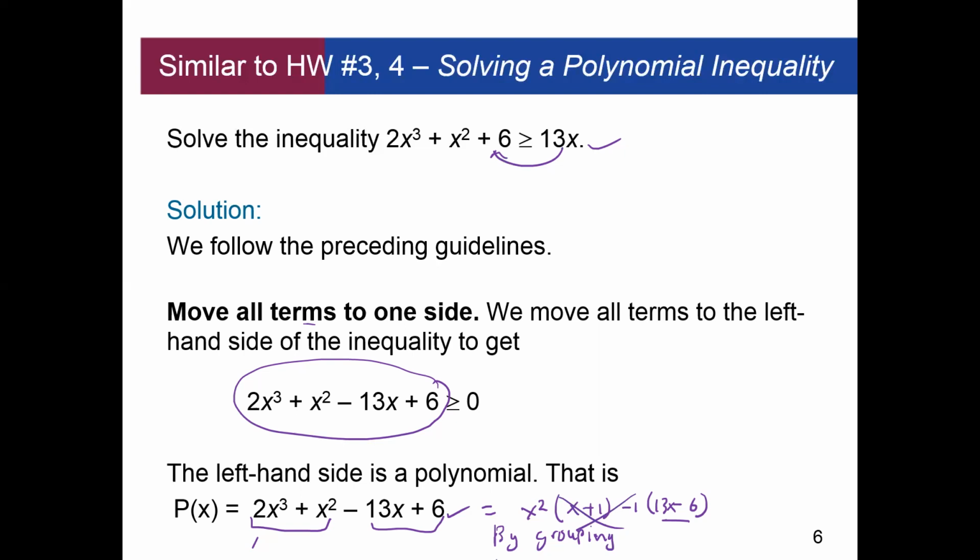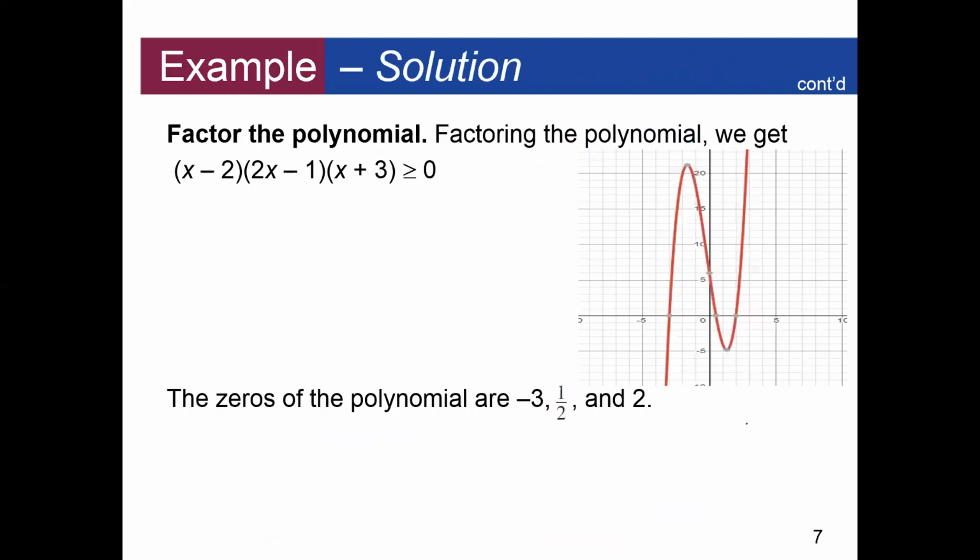So I did a graph, and as you can see, these are the zeros of the polynomial. These are all real zeros, so that's a good thing, right?